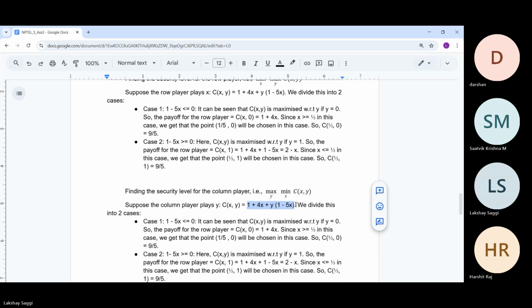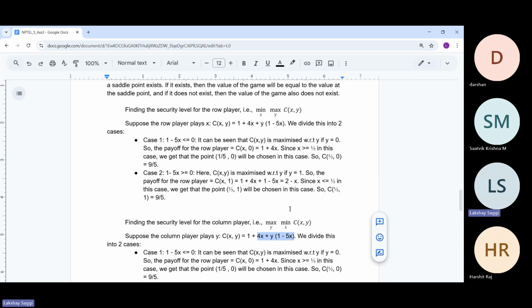And then what the row player would like to do is minimize this expression, right? But we don't get much insight. It's better for us to write it in this manner. For the row player, we took out the x and y as common, so that we can get more insight into what the column player would like to play. Similarly, we'd like to get insight into what the row player would like to play. So I'd like to rearrange this expression.